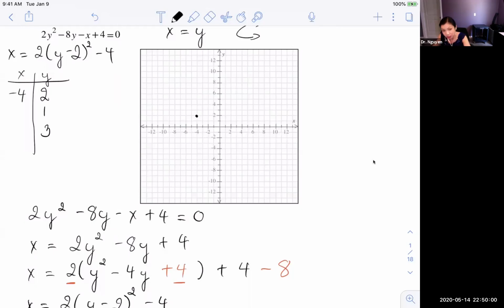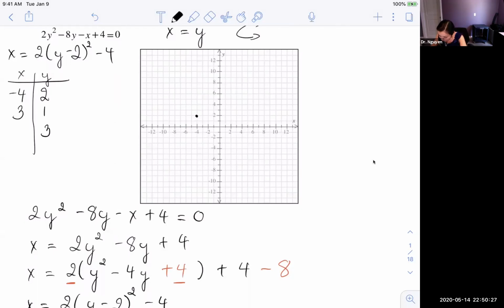Hopefully those 2 points give you the same x. So plug it in. 1 minus 2 is -1, squared is 1, so I have 3 for x. Hopefully we get the same answer if we plug in 3, because it's symmetric.